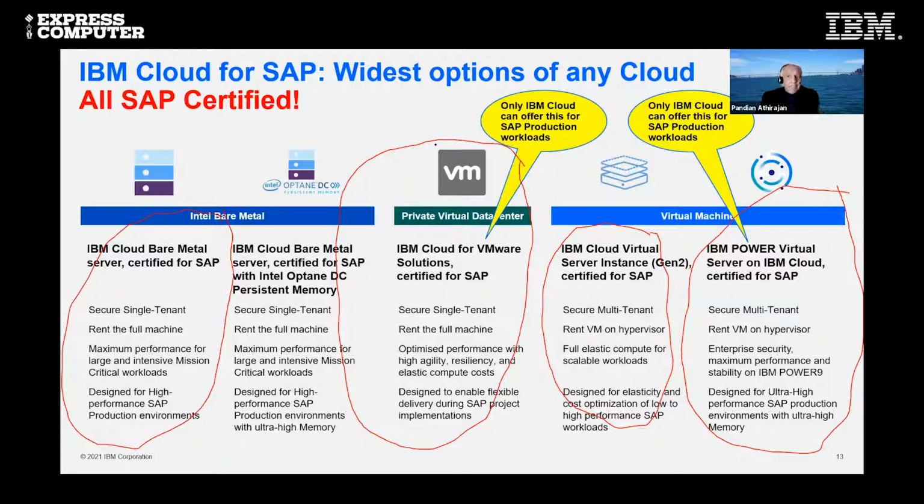The key here is having these choices that are all SAP certified gives you tremendous flexibility, reduces the risk involved in replatforming, makes this whole migration from on-prem to cloud much, much easier.